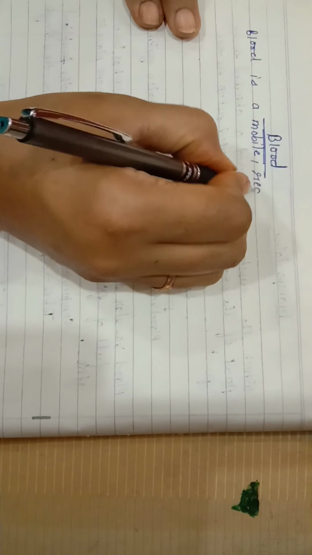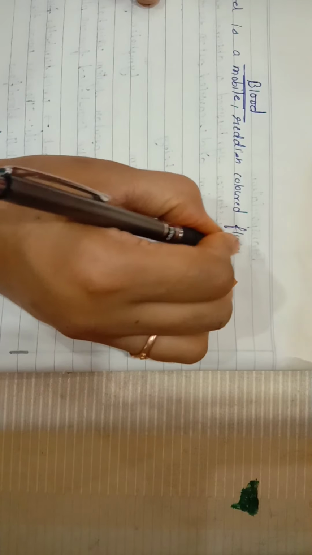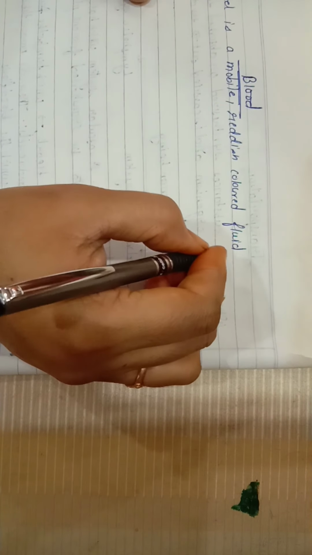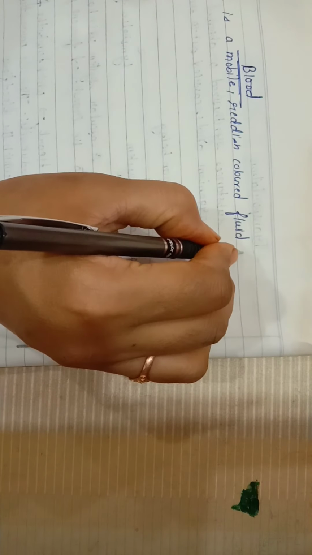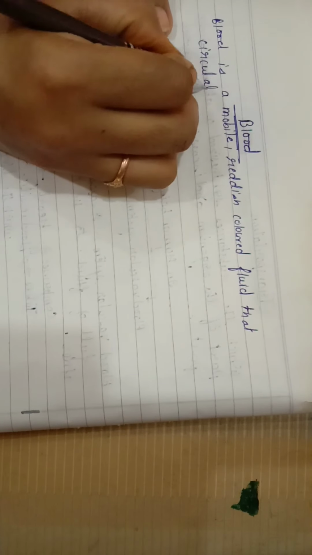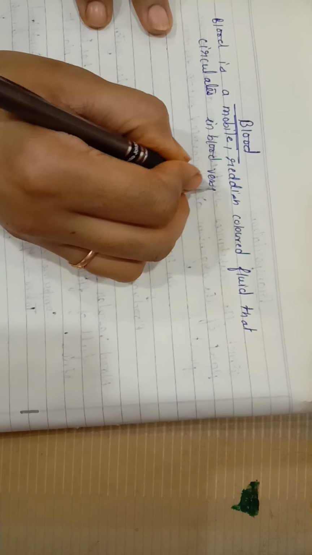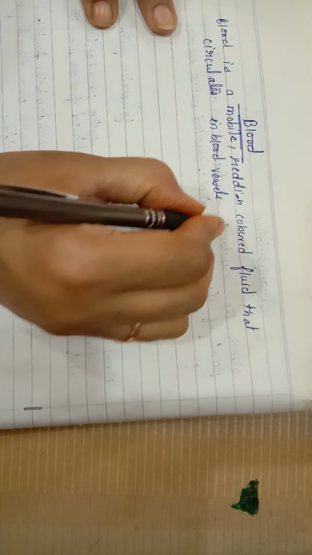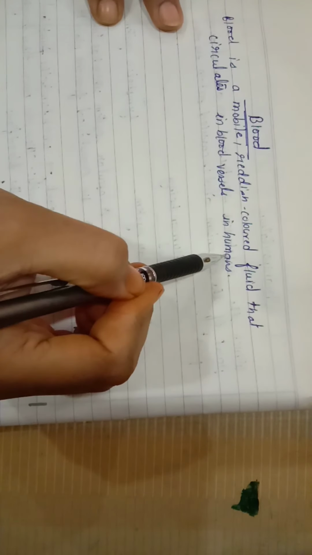It is reddish because of the presence of hemoglobin, the iron. It circulates in blood vessels in humans.